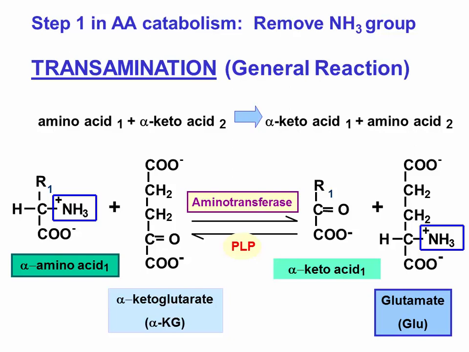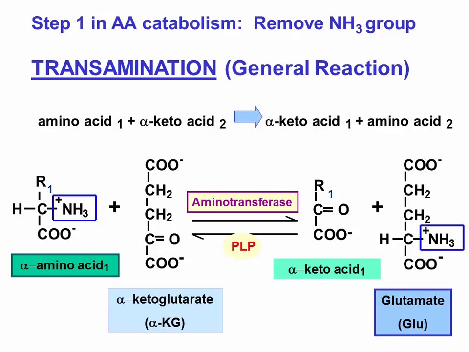So transamination is about taking one amino acid and one carbon skeleton, which I'm calling a carbon skeleton, but it is technically called an alpha keto acid. Do you remember that? Alpha keto acid of another amino acid.